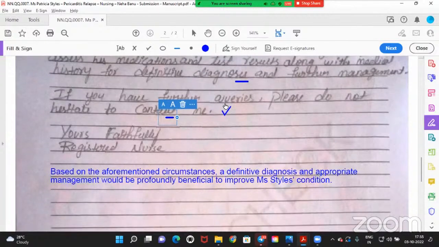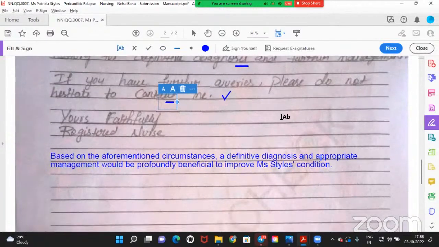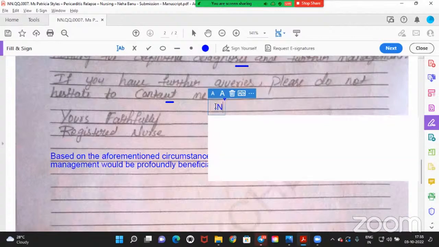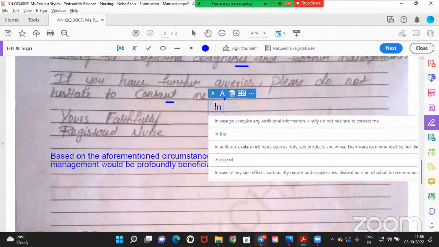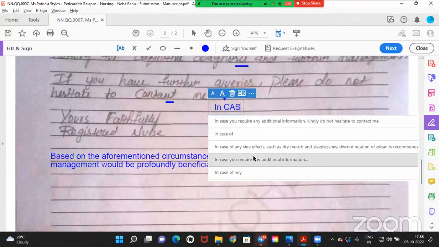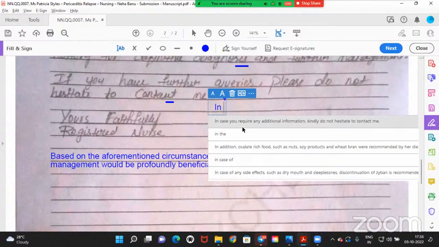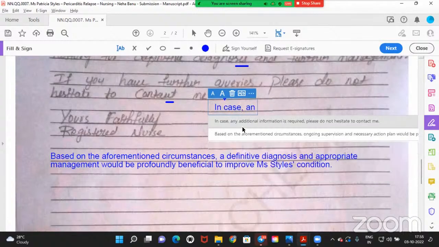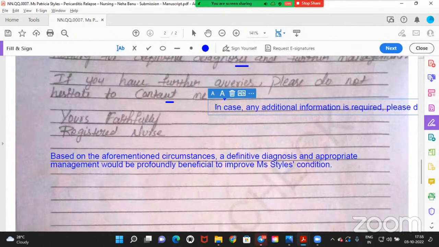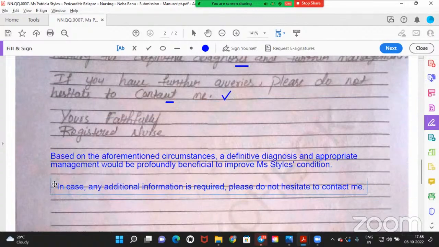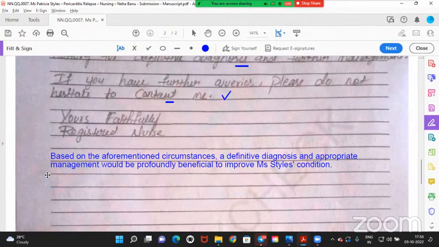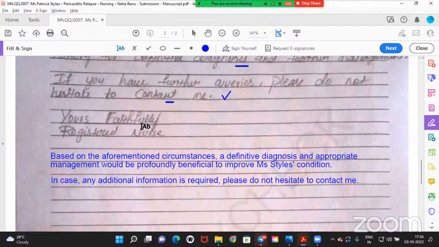You can change this sentence also. Improve the sentence. In case, comma, any additional information is required, please do not hesitate to contact me. You can continue. Okay. Yours faithfully.